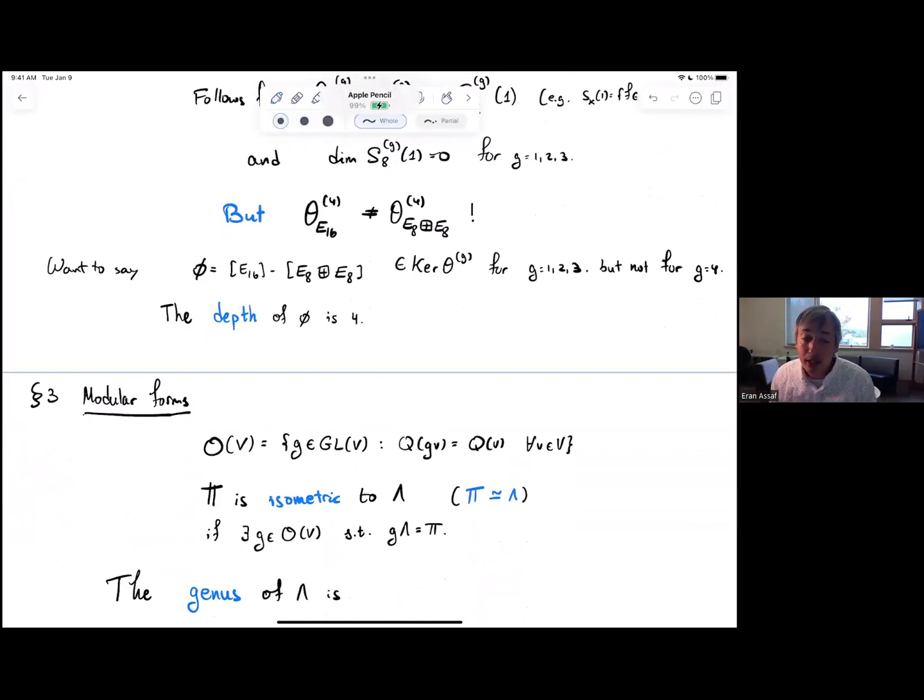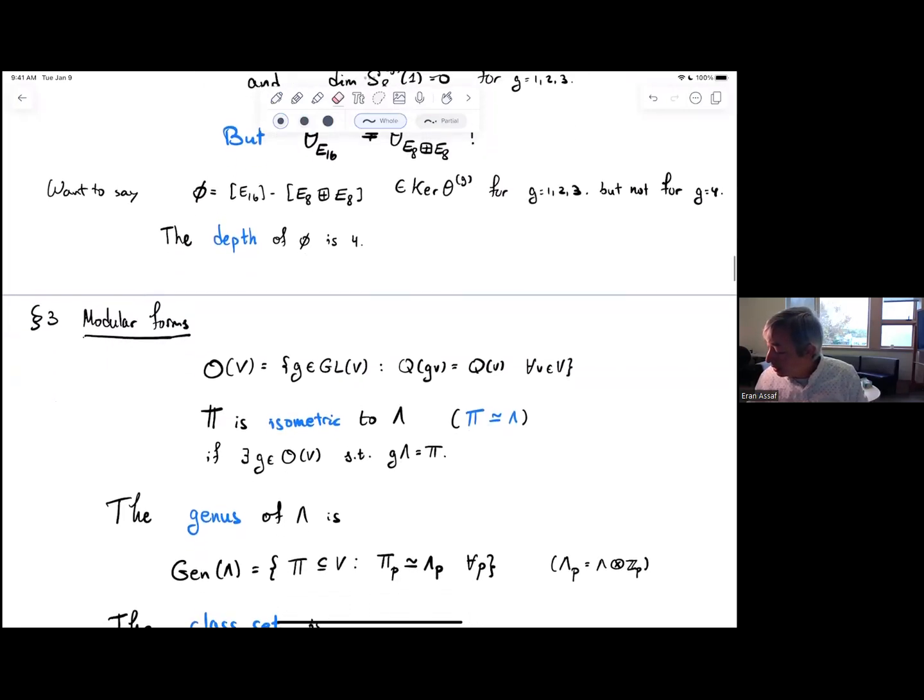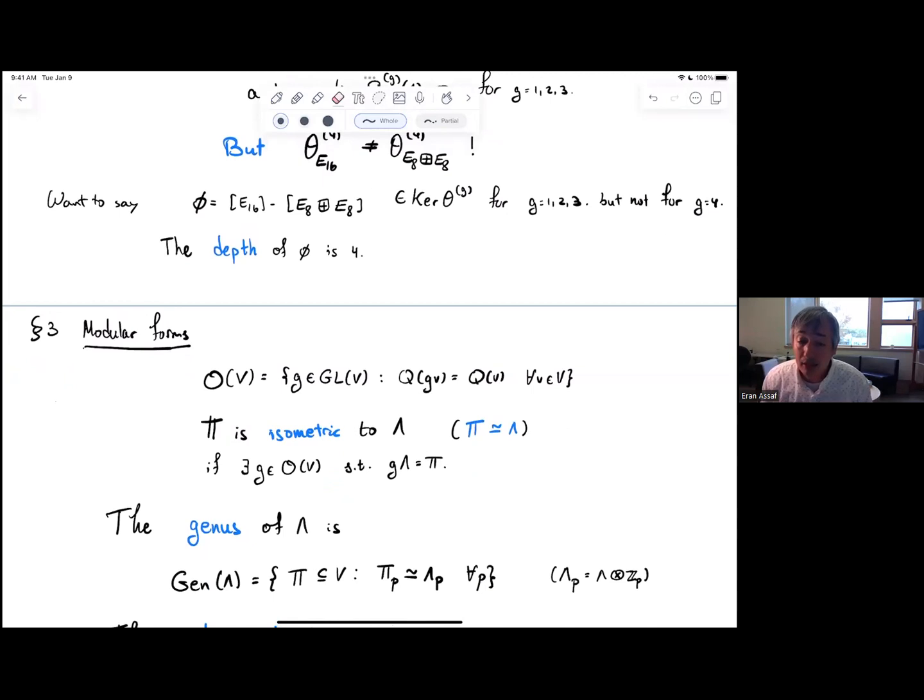So I'll denote by O(V) the orthogonal group of the quadratic space, just the linear transformations preserving the quadratic form. And as before, we will say that two lattices are isometric if there is an isometry that sends one to the other. The genus of a lattice will be all the lattices in the vector space that, modulo every prime power, are isometric to our original lattice.